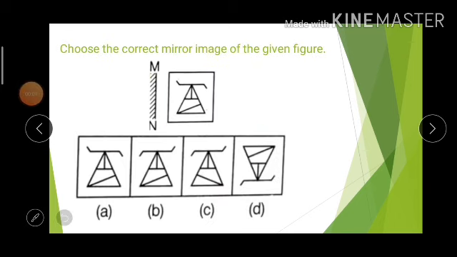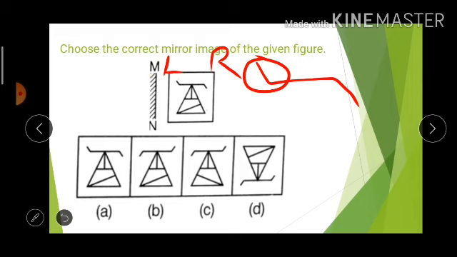In this image, the mirror is kept on the left hand side of the image. Now it doesn't matter whether the mirror is kept on the left or at the right hand side. In both cases, the mirror image is going to be the same. Now as you can see, this hand that is there in the original image, the left hand side line, is pointing upwards.